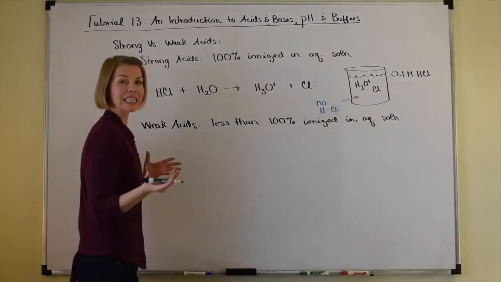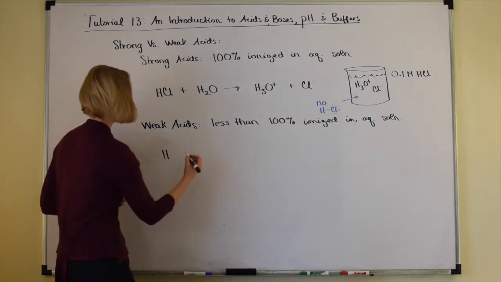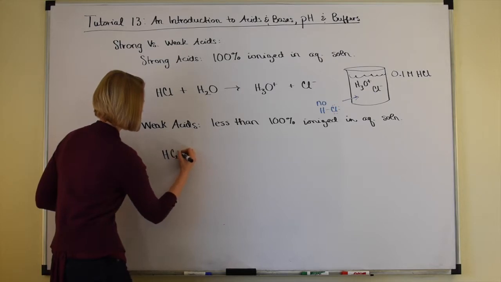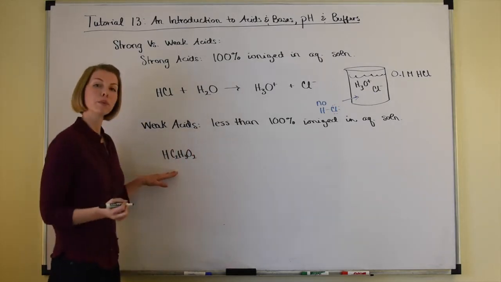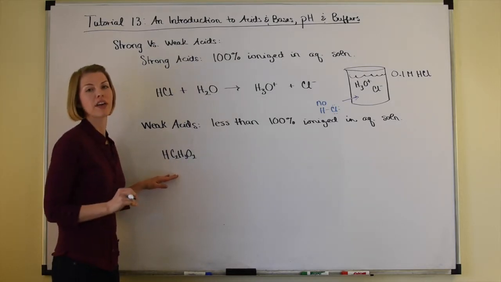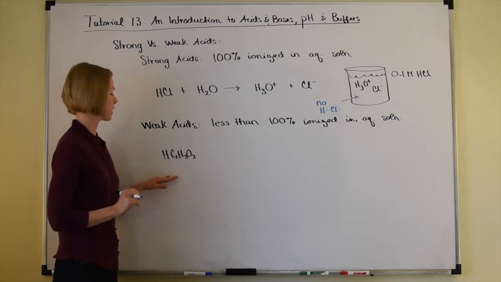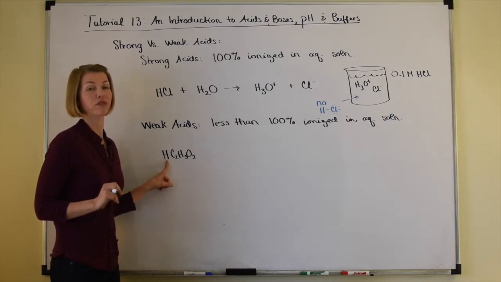Okay. So let's just use acetic acid as our example of a weak acid. That is HC2H3O2. Now you might remember when we talked first about how to name different acids, we said that in an introductory chemistry class you're typically going to see acids written with the acidic hydrogen first.